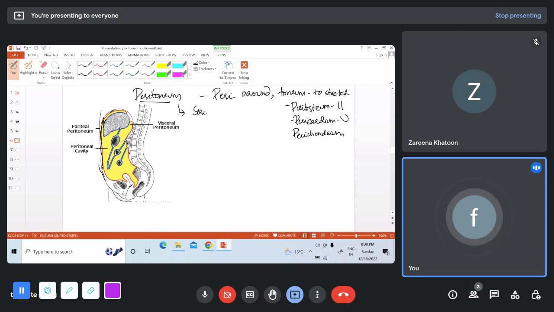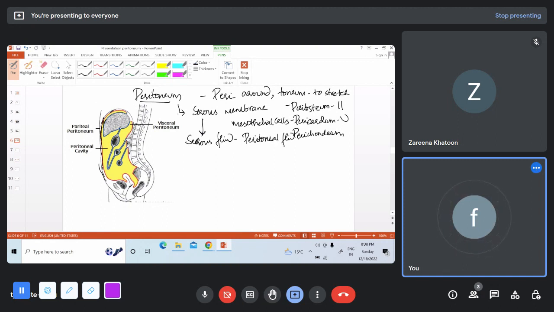This is a serous membrane surrounded by mesothelial cells. So, this serous membrane will definitely secrete a serous fluid which is called peritoneal fluid.